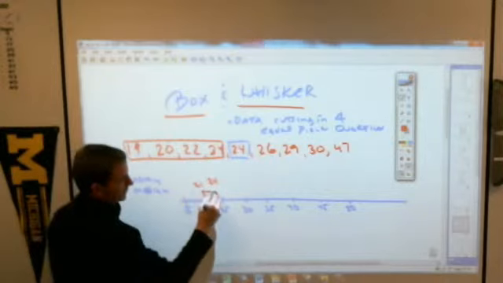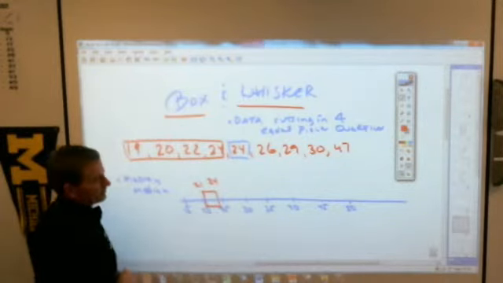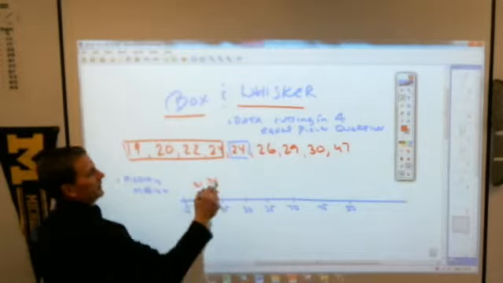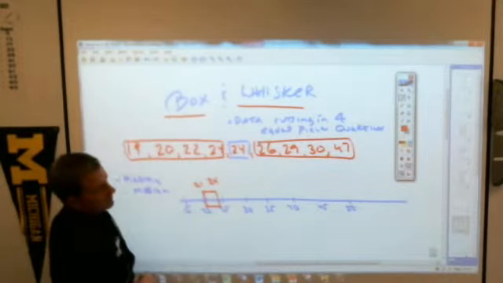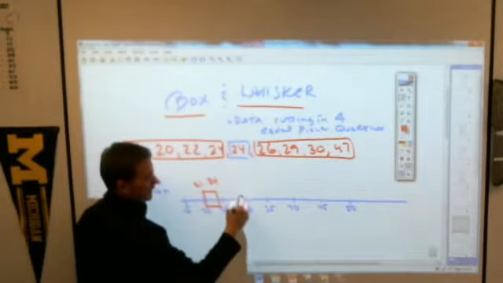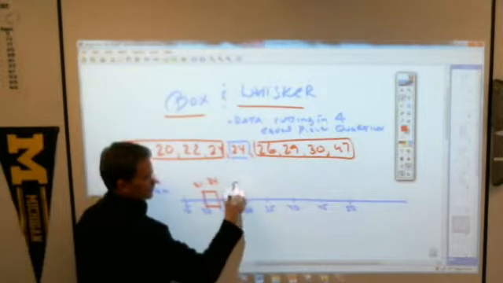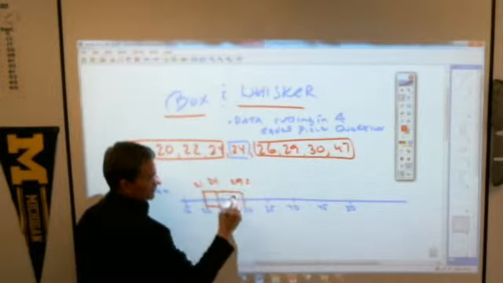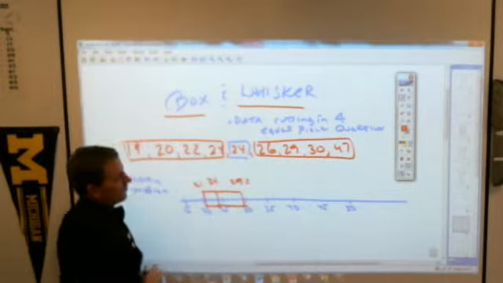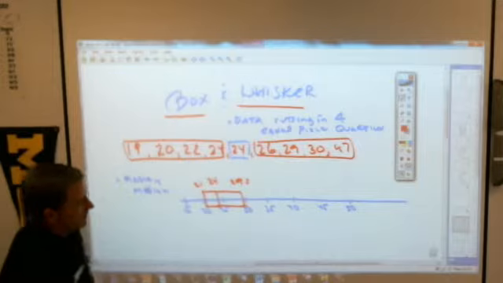There's my lower box. And then I do the same thing over here, find the median of that, which is 29.5. Those are the box part of my Box and Whisker.